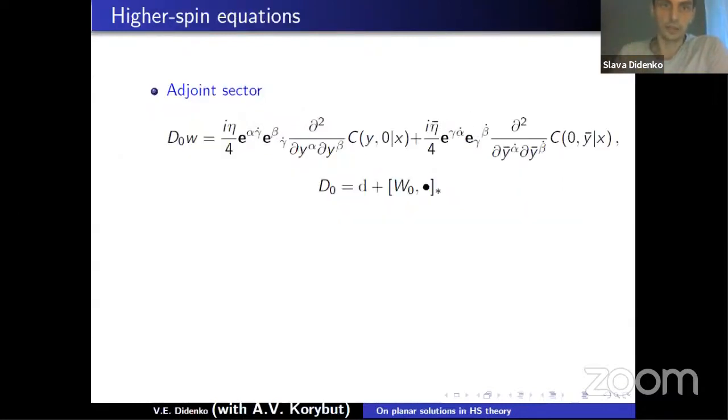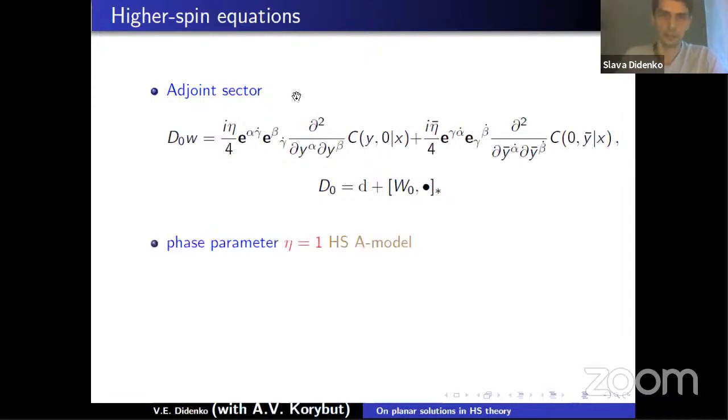The other sector that contains gauge fields, which is called the adjoint sector, looks as follows: the AdS covariant differential acting on gauge fields gives you their field strength. This is the meaning of that equation. So you see the zero here just means that only Weyl tensors contribute on the right-hand side, higher spin Weyl tensors, rather than their descendants.